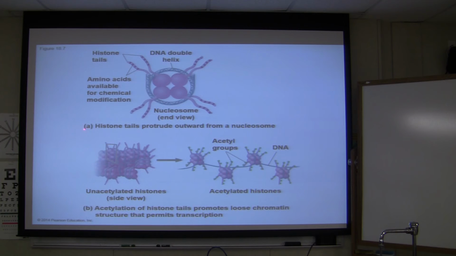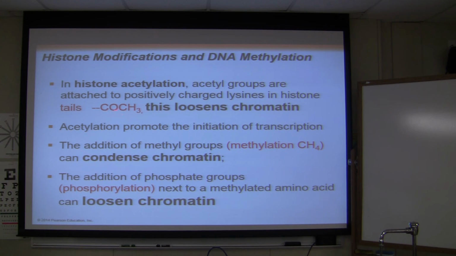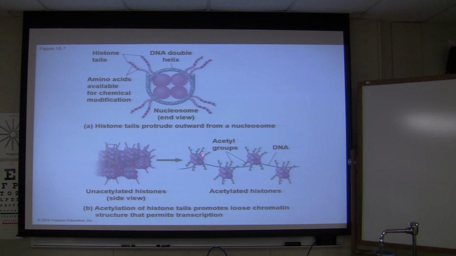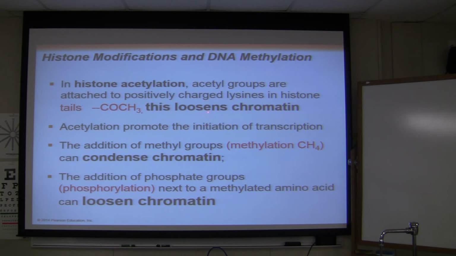So what happens in this case, histone tails protrude outwards from the nucleosomes. Unacetylated means it does not have an acetyl group. The green dots are acetyl groups attached to the tail of the histone, and what will the acetyl group do? It will loosen up the chromatin.